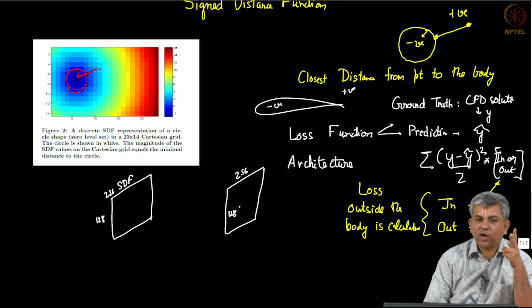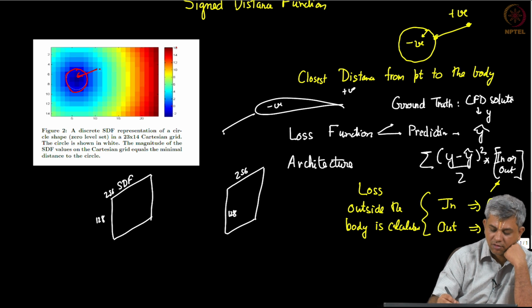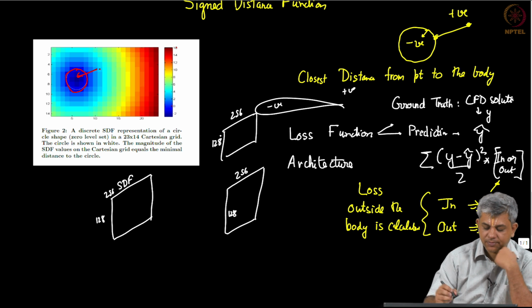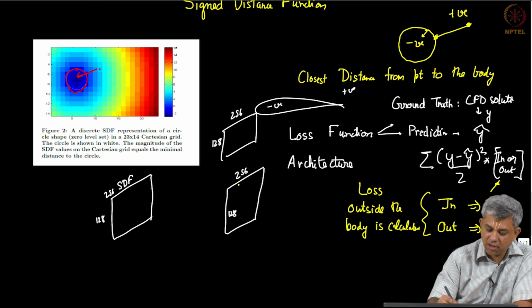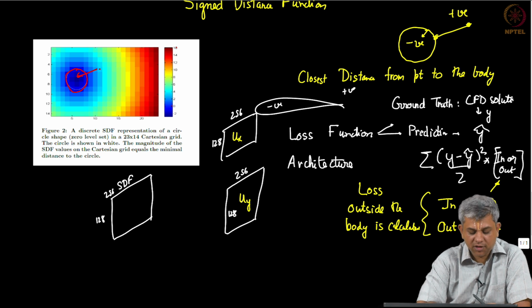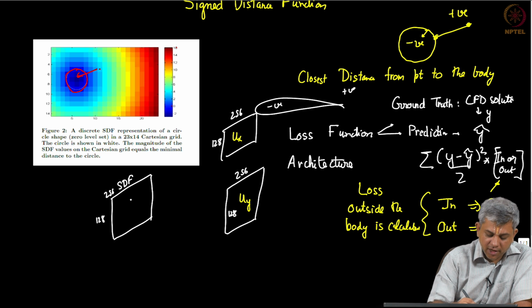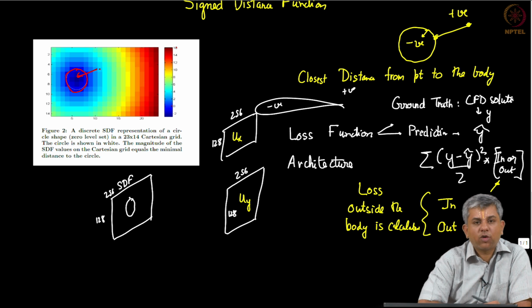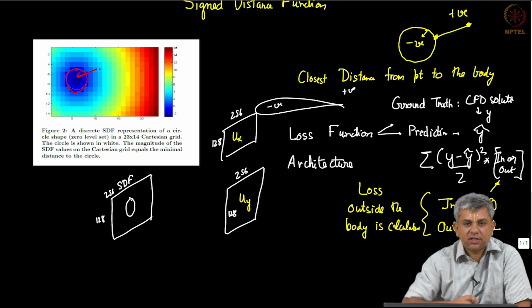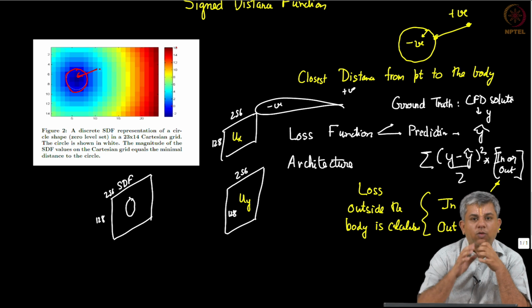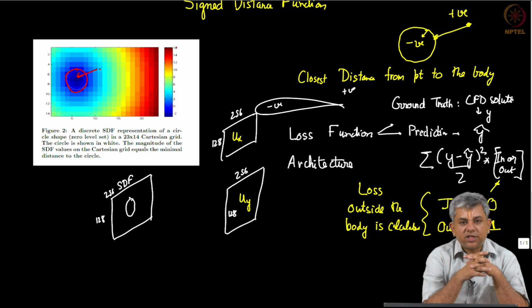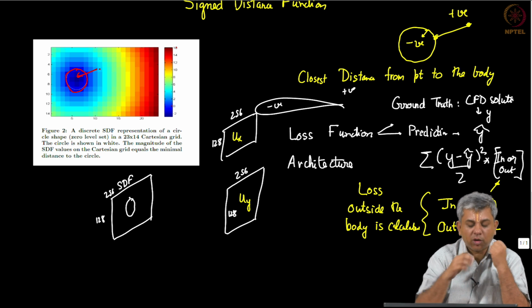Now, you have two possible images that you have to give. One of these will be the x velocity field and one of these will be the y velocity field. Now, once again it is our domain knowledge that tells us that there are effects of two things. One is the effect of physics, which is the PDEs, and another one is the effect of the geometry, which is given by the boundary conditions.